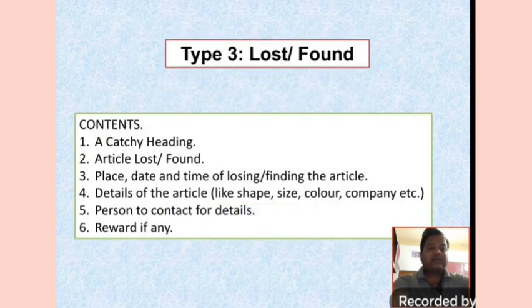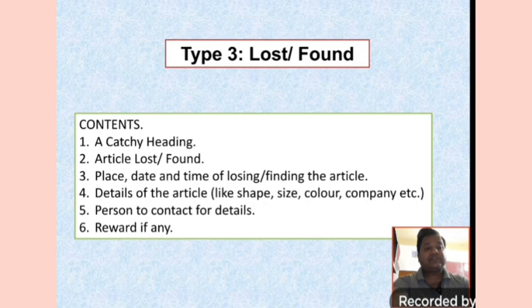Now when you are writing the third type of notice, that is for lost or found articles, that should also include a catchy heading. You should mention the article lost or found, and then you mention the place, date and time of losing or finding the article, that is, where it was lost, when it was lost. And in such a notice, it is important to mention the details of the article.